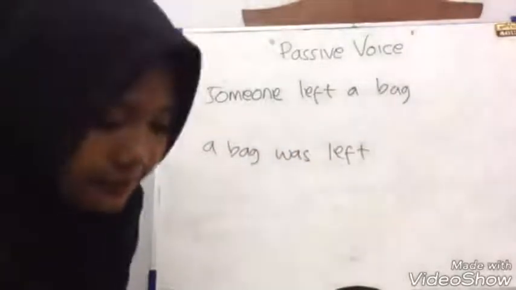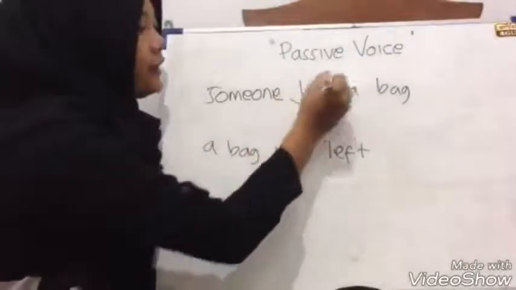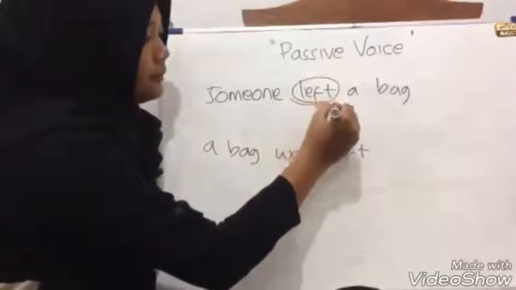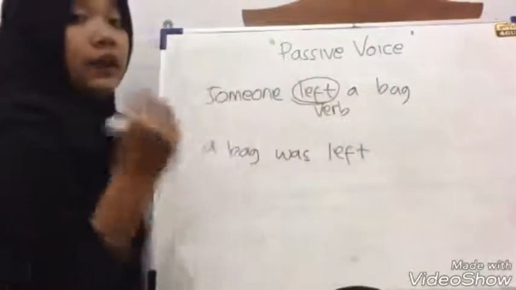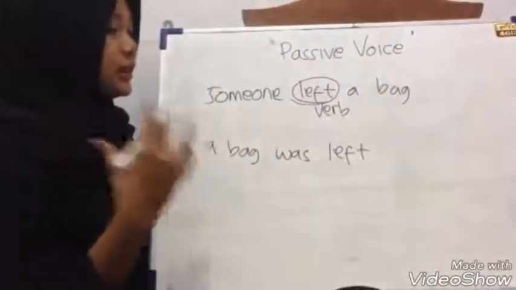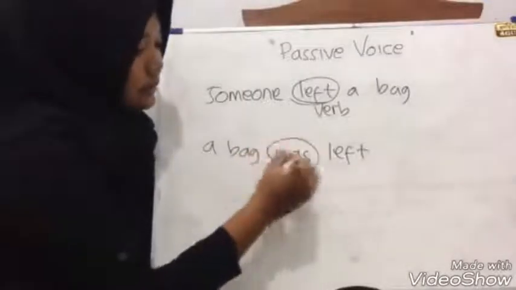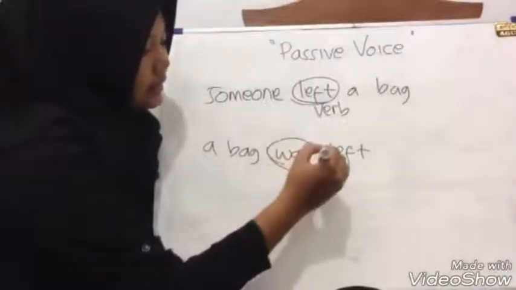Okay, we see that left here is the verb of active voice, and when we change it into the passive voice, the form is be plus past participle.